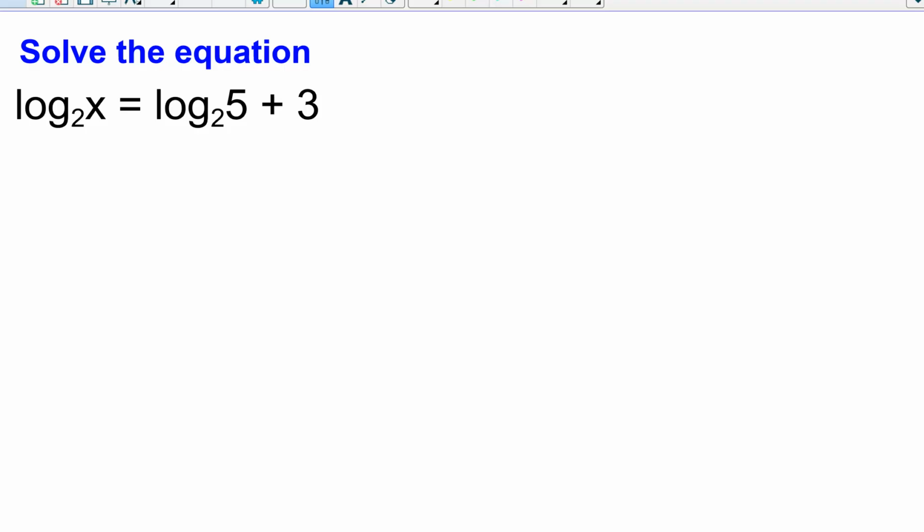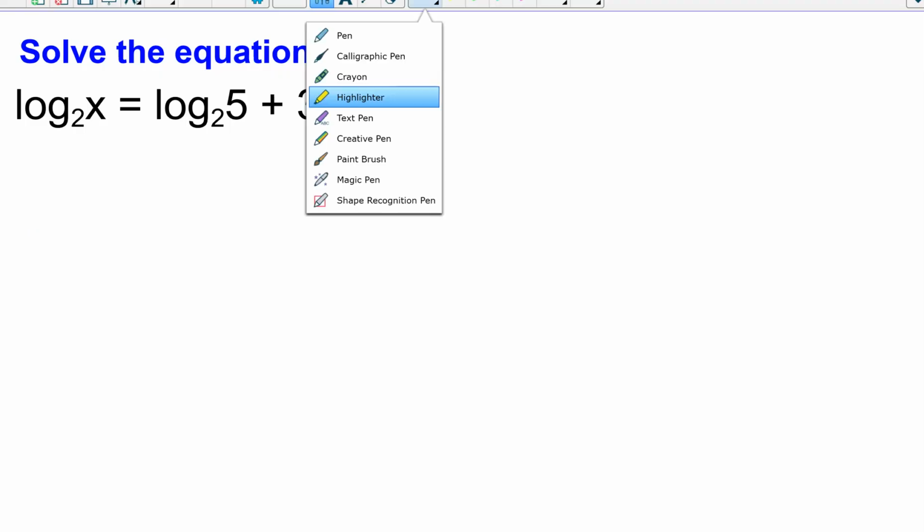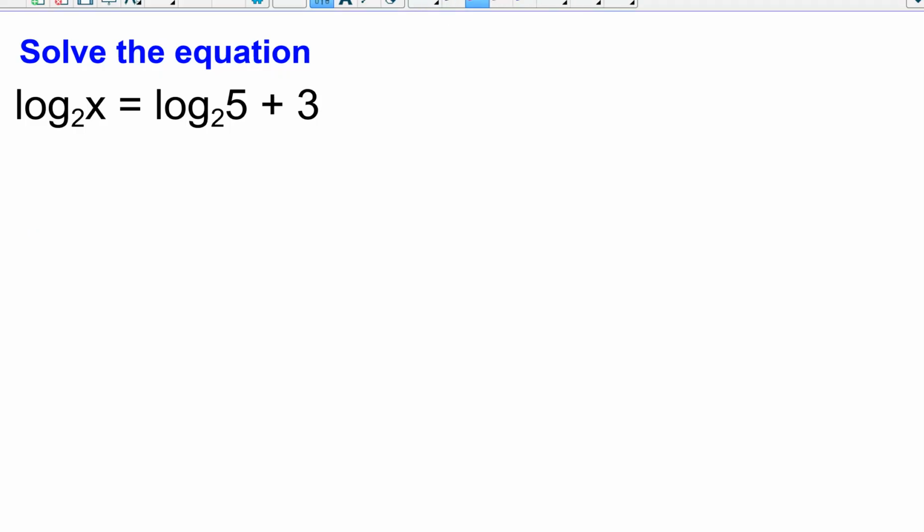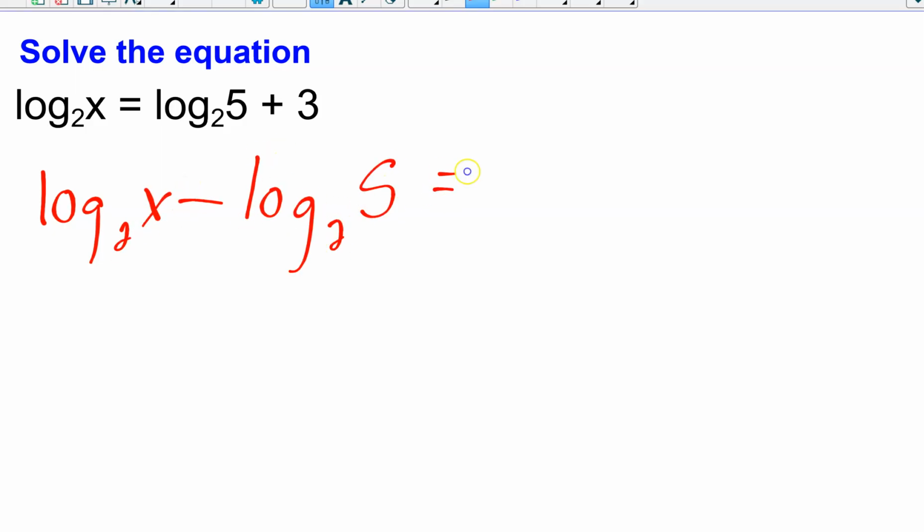Last one, solving. So I want to get the logs together first. I'm going to do the log base 2 of x minus the log base 2 of 5 equals 3. And I'm subtracting, so I would divide these.